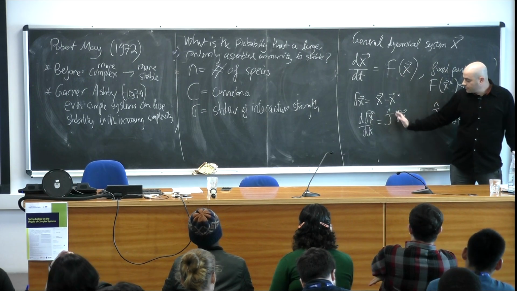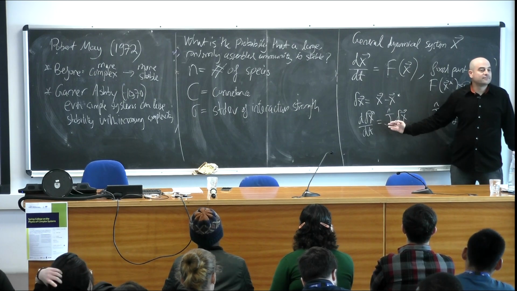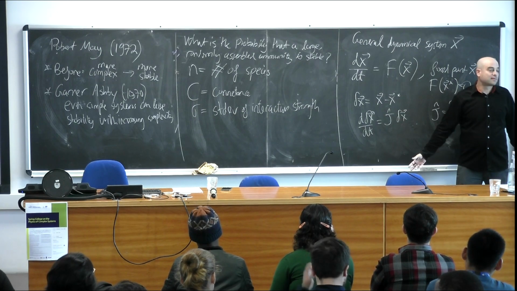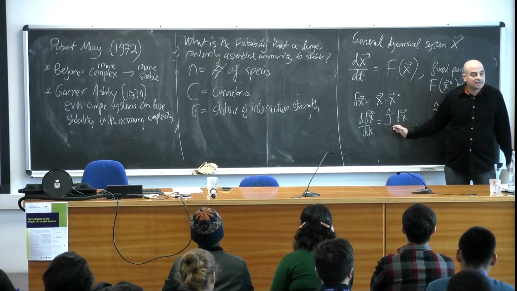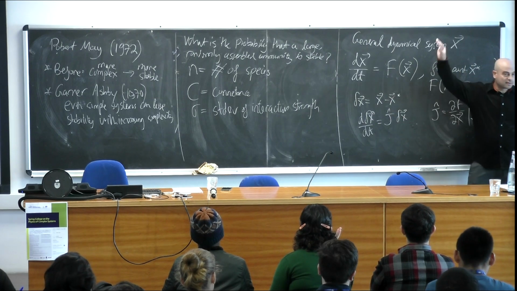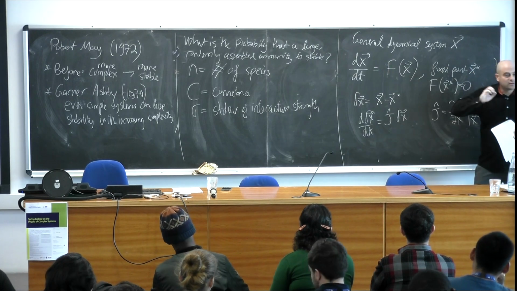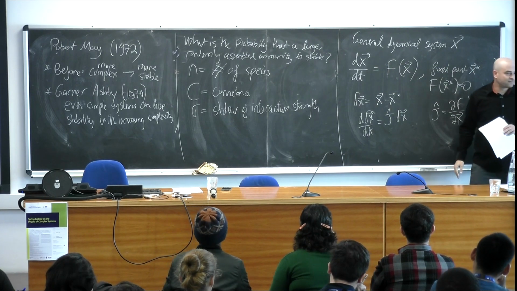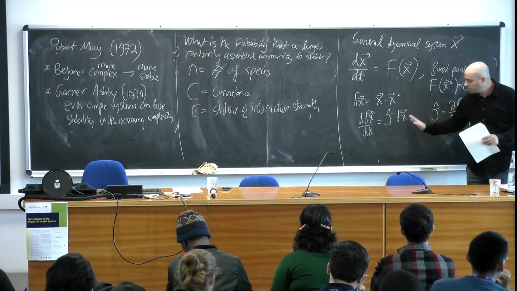So this thing could be either positive or negative. If it's negative, then delta x decays to 0, which means we're back to steady state. If it's positive, it means that delta x explodes, right? Which means we leave this steady state and we go somewhere completely different. And we'll talk about that at the end of this part.